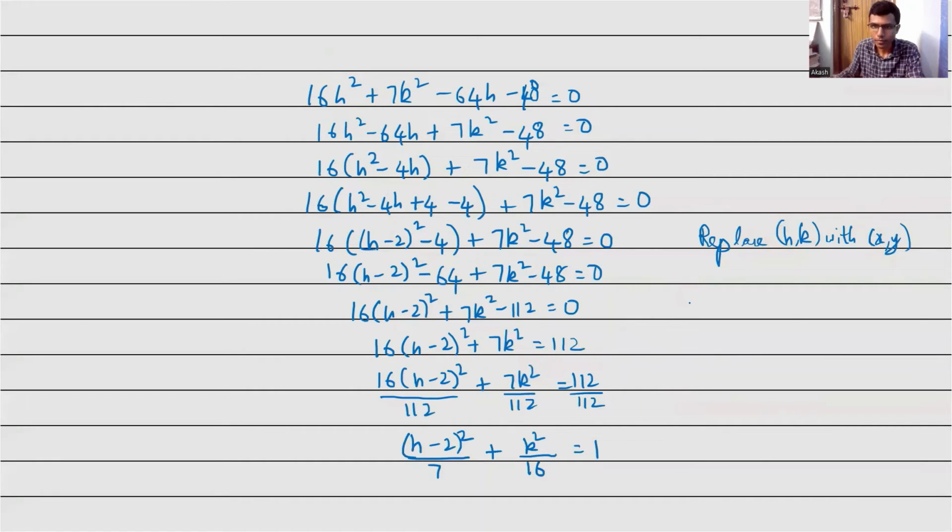So therefore x minus 2 whole square by 7 plus y square by 16 is equal to 1. That's it. As I told, we really required focus to do this question on locus.